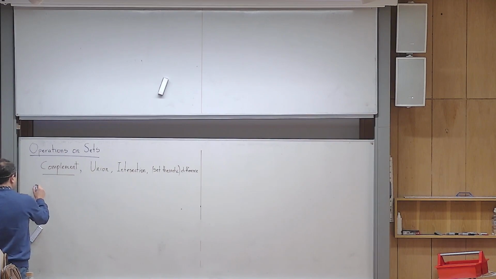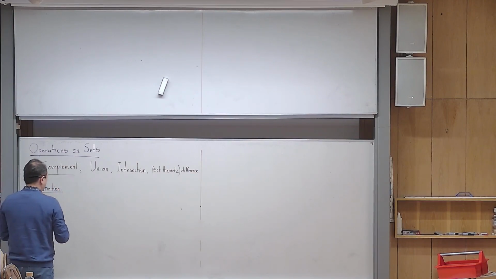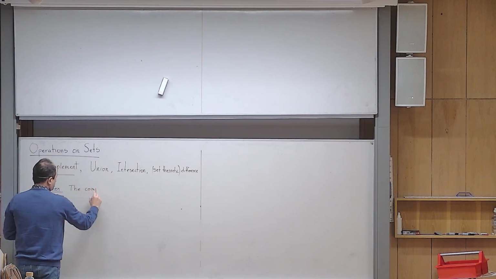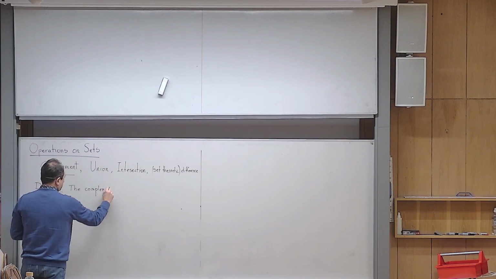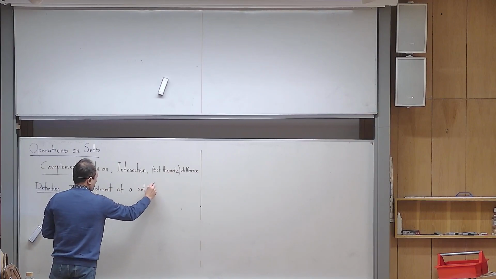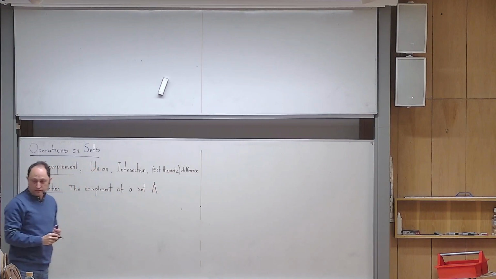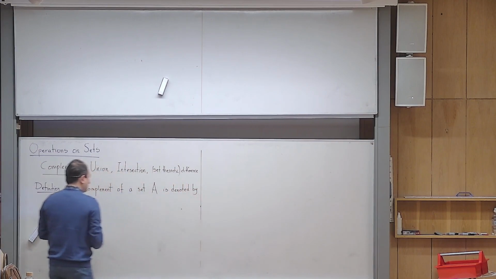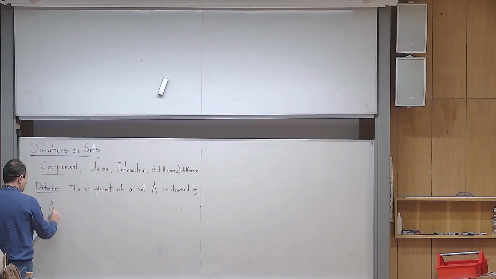Definition. The complement of a set capital A is denoted by the same letter with a small letter c on top.